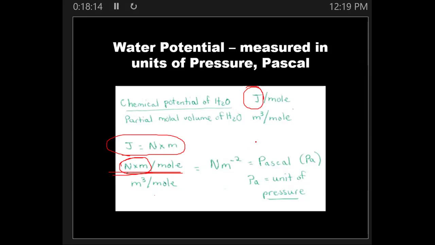When you cancel all that out and work it, you get Newton per meter squared. Well, Newton per meter squared, that's a unit of pressure. So what we've just done is converted chemical potential to water potential, and it's a unit of Pascal. Newton per meter squared is equal to a Pascal. It's abbreviated Pa, and that is a unit of pressure.